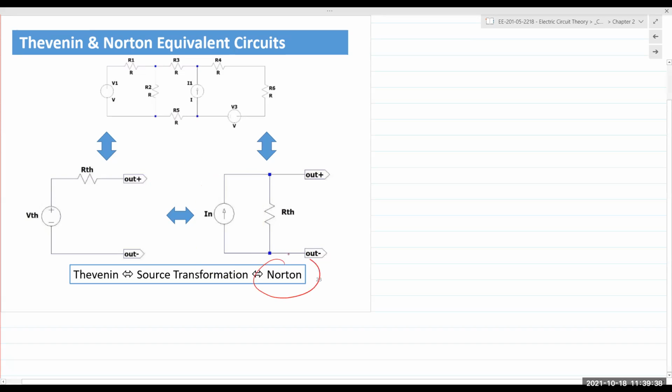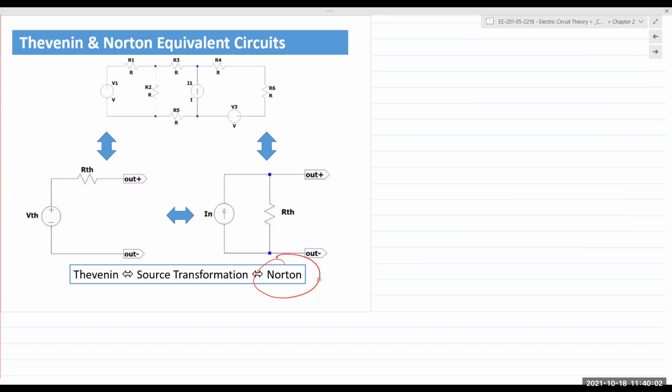So it's named Norton's theorem. The current source, IN, came to be known as Norton's current. The resistance is still the same, RTH, the Thevenin resistance. Sometimes, if we are looking solely at the Norton circuit, we might refer to it as Norton resistance, but for all intents and purposes, technically, that resistance is still RTH.